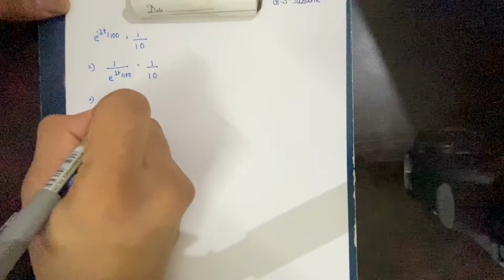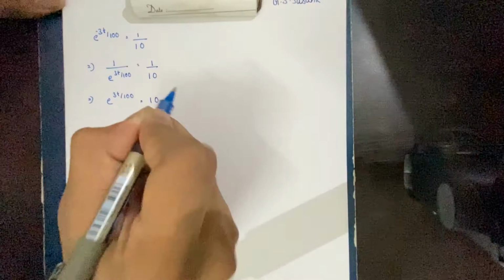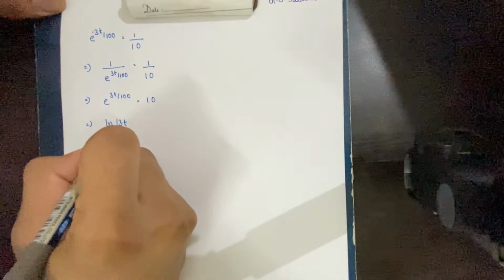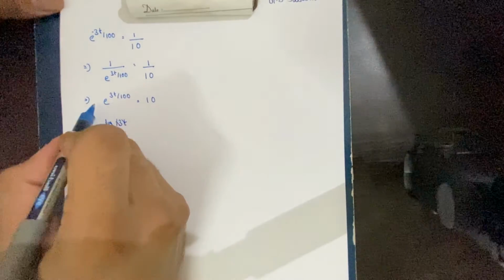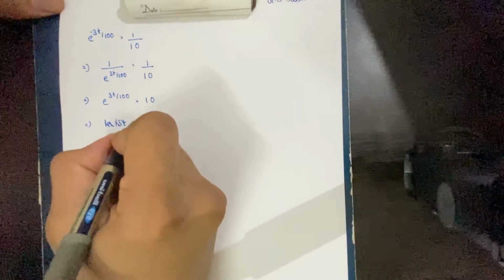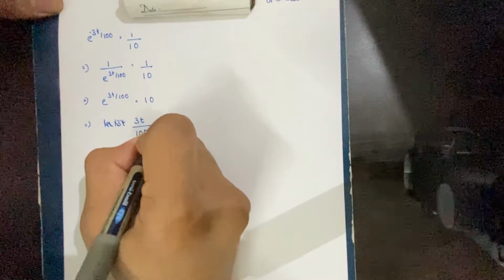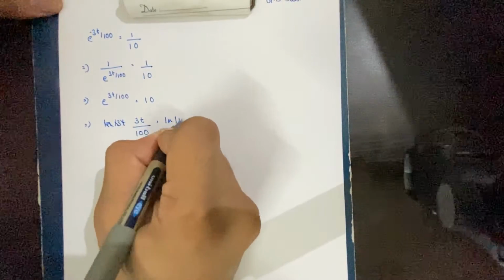So e power 3t by 100 equals 10. And now I'm going to apply natural log on both sides. When I apply natural log on both sides, this becomes 3t by 100 equals natural log of 10.